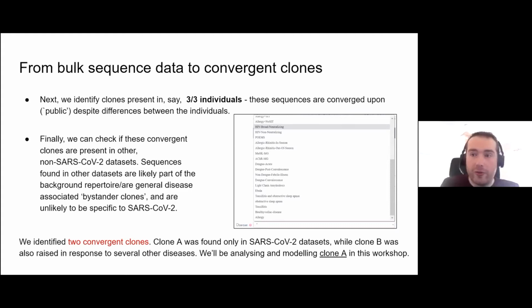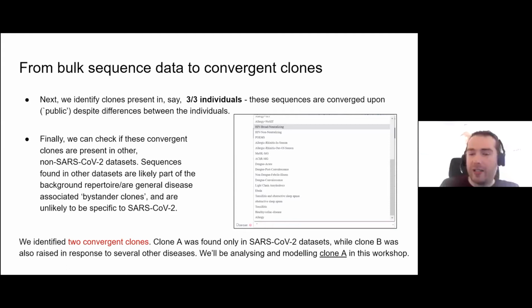And so again, mining through the OAS data and applying this to our clones, for this case, we identified 2 distinct convergent clones. One, clone A, was found only in SARS-CoV-2 datasets, whereas another, clone B, was also raised in response to several other diseases. So you've immediately pared down the data quite a lot.